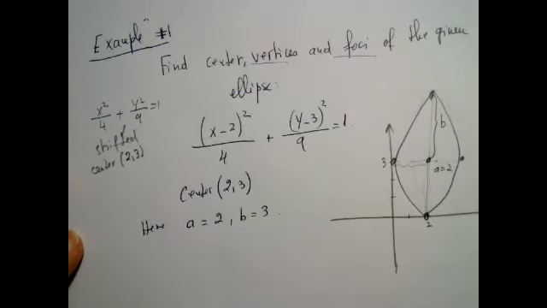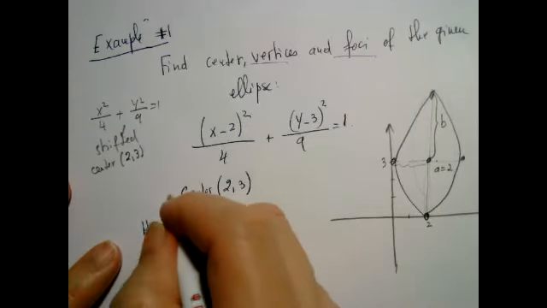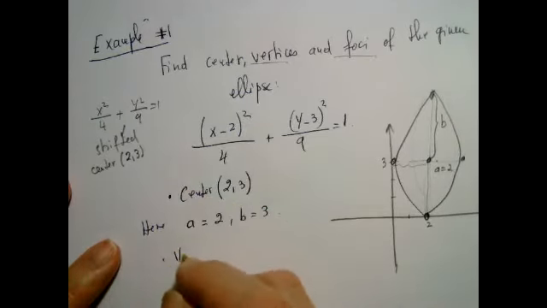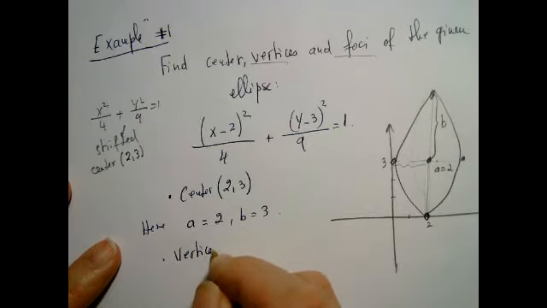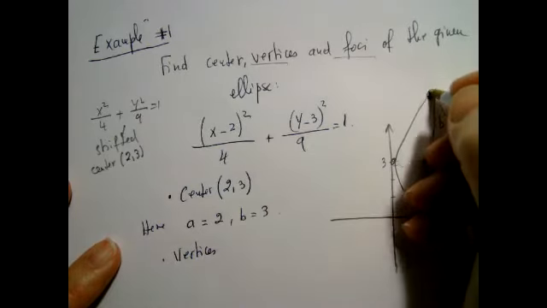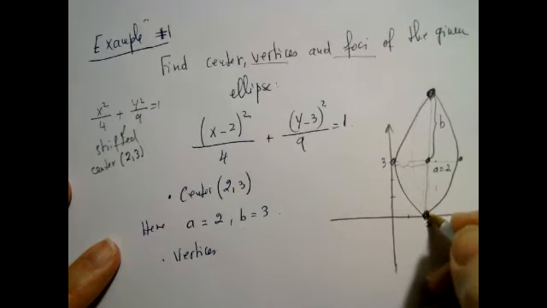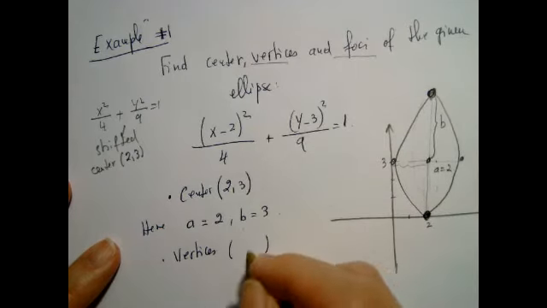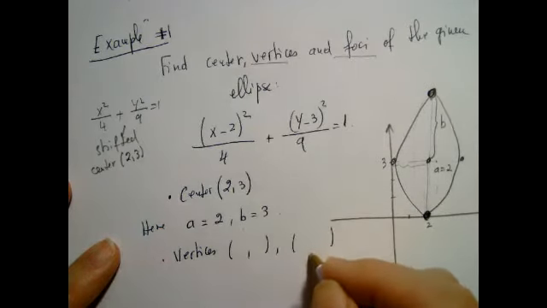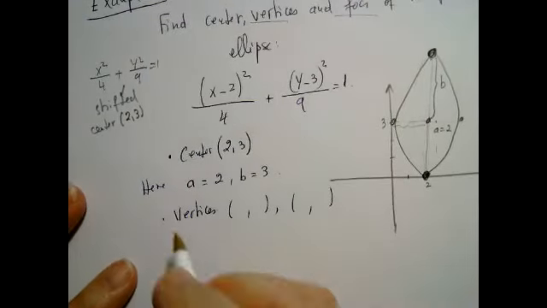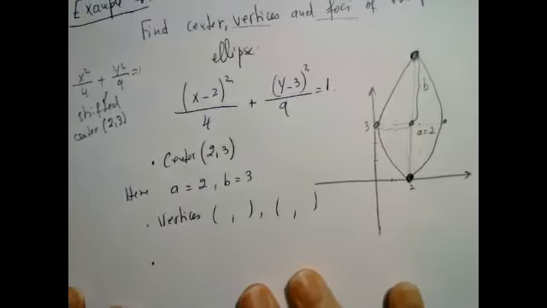What's going to be the vertices? So that's the center. What are the vertices? These are the vertices. What are the coordinates of the vertices? And then we're going to find the foci.